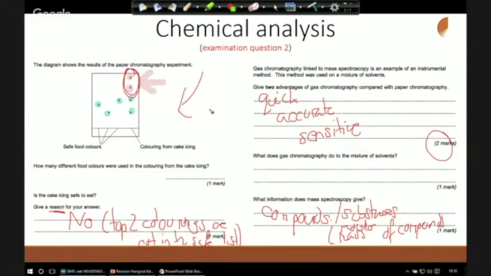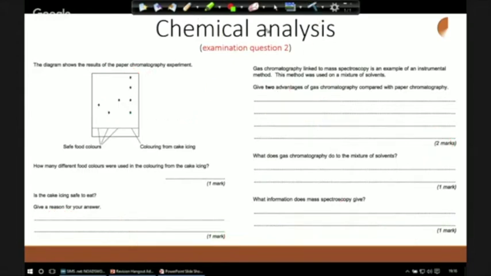I suspect if they ask you a question involving the word human, they're probably going to be wanting some kind of comparison between human and gas chromatography, human and a machine. So I think it's fine to just essentially have in your mind 2 types of chromatography, chromatography using paper and gas chromatography. In the additional paper, I think that's absolutely fine, Zoe, to have that information and no more.